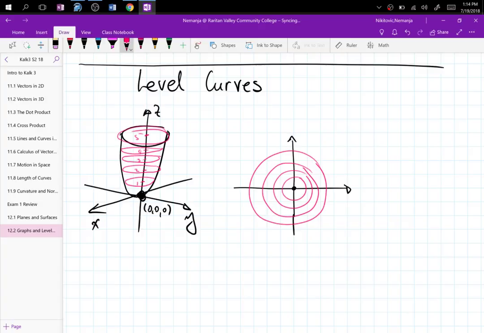And those are called level curves. Now, those level curves, which are green on the picture, are clearly visible over here. So you see that there is a slope to walk over here. Now, that slope is not as steep as the slope of the sides.